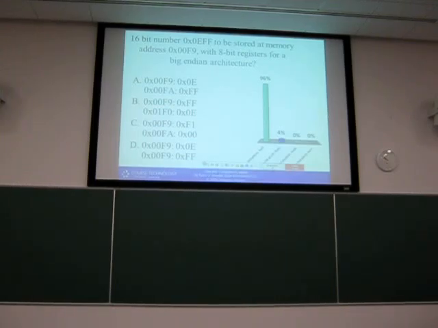The majority of you say it's the right answer. For the ones who didn't answer well, this is big endian, meaning that I have to store the higher byte first. So this is at the very first address. After this address, after 9 hexadecimal, it becomes 8. And then I store the lower byte, which is the FF.